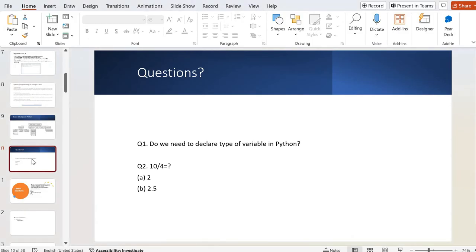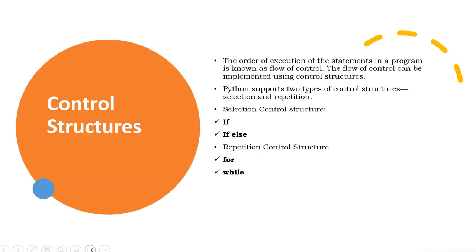So let me come to our slides again, and let me tell you about control structures. If you are familiar with C or C++, I hope you will get all of this very easily. In selection control, you select the flow of control on the basis of some conditions. Then we have if. After if, there is a condition; if the condition is true, then whatever you have after if will be executed.